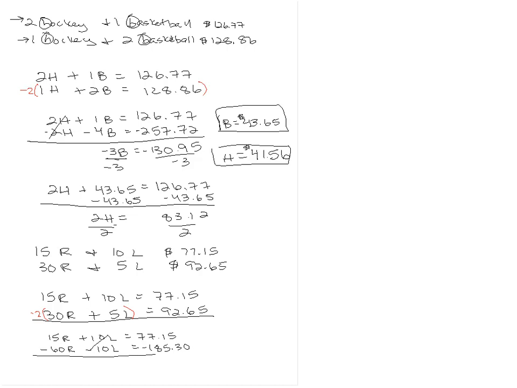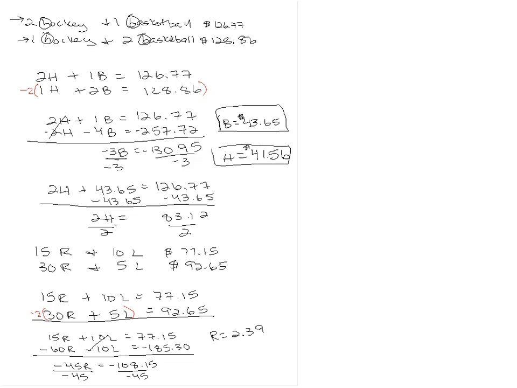I get -45R equals -108.15. Divide by -45, and you get R equals $2.39.